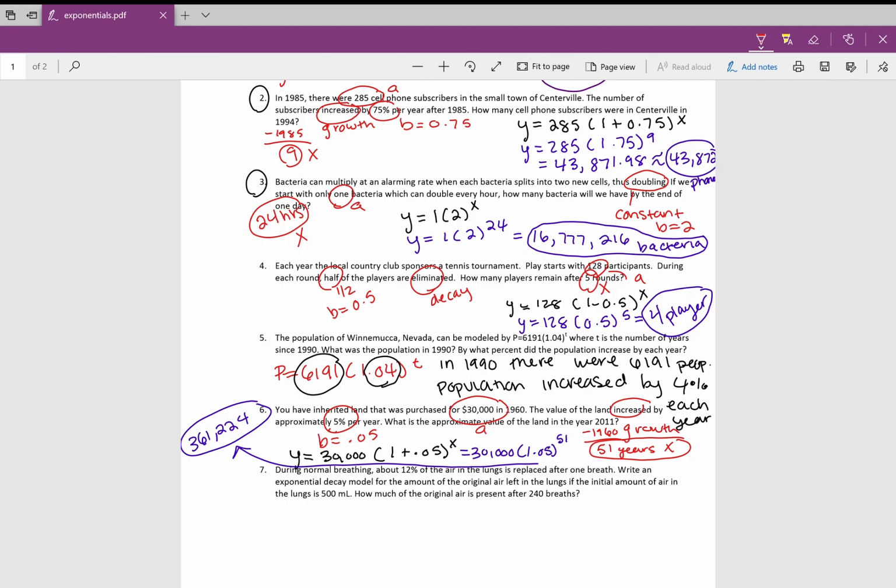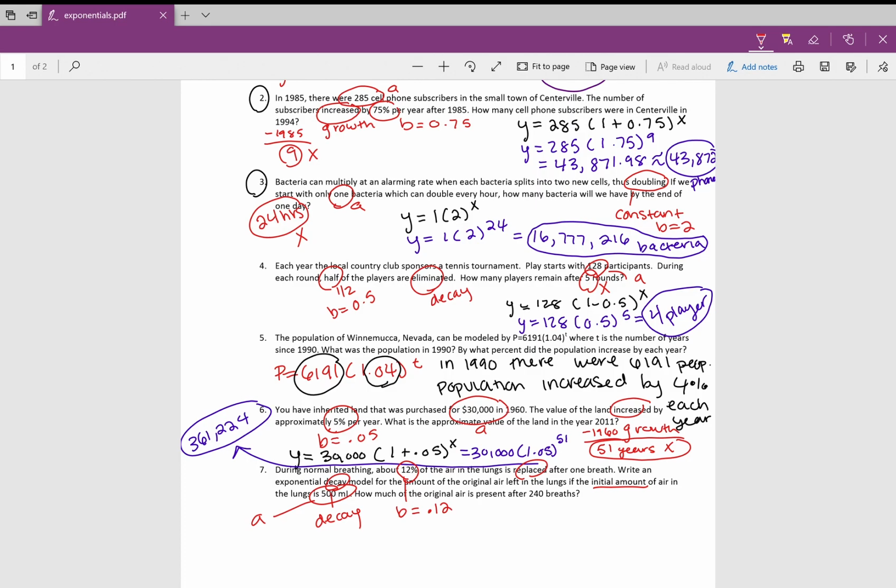But let's still label everything. 12% is our B value, but if we write that in decimal, it's 0.12. Replaced, and this word decay tells us that it's a decay. It says the initial amount of air is 500, so this is our A value.